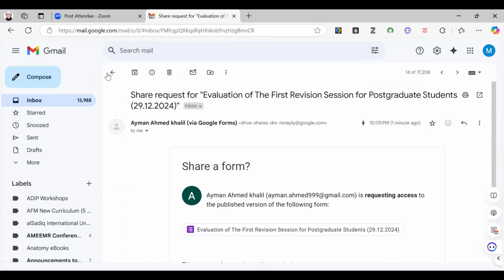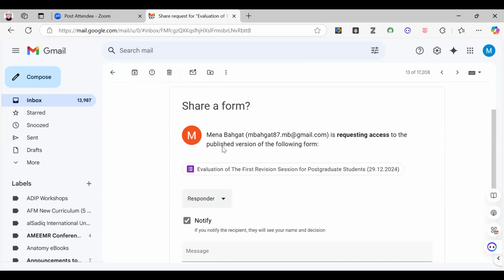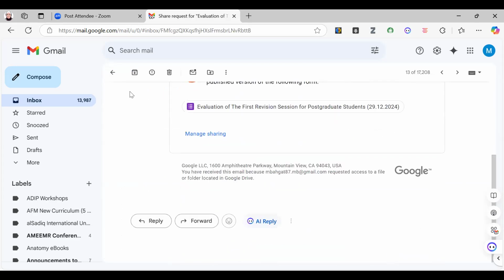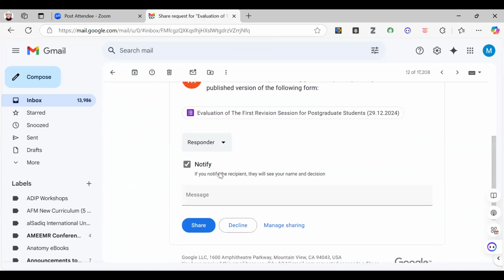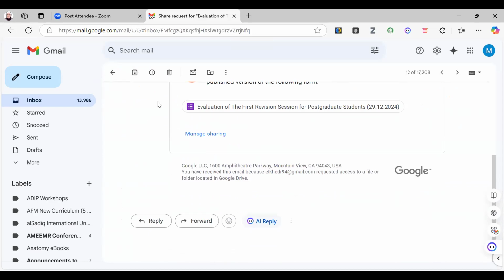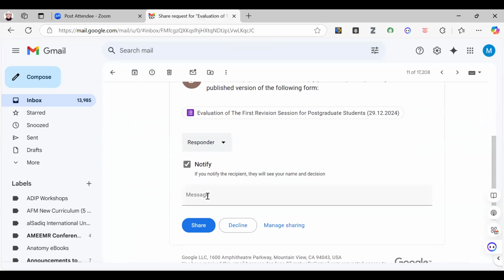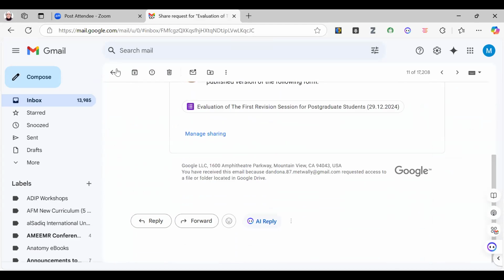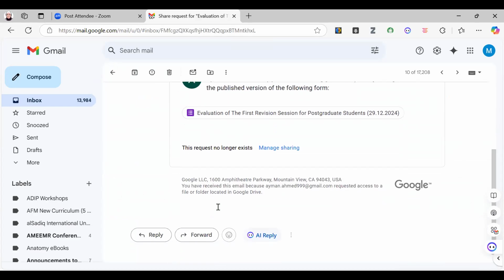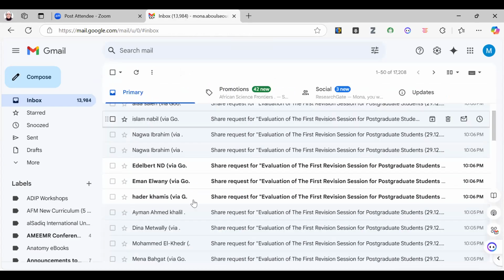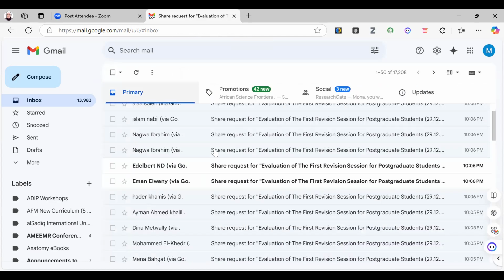Next time, I will revert to Microsoft Teams. This is lots of time lost. Now all of you can open it? Somebody still cannot access the survey?